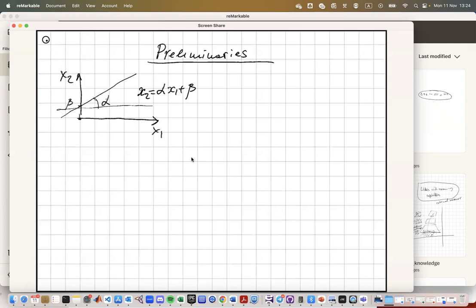There is a canonical representation, which for a 2D case looks like this. You have a1 coefficient times x1 plus a2 x2 plus b equals 0. So this is a parametric definition of the line.